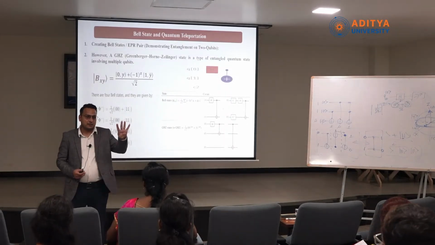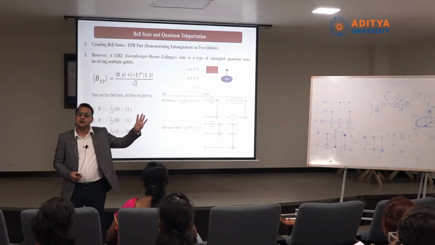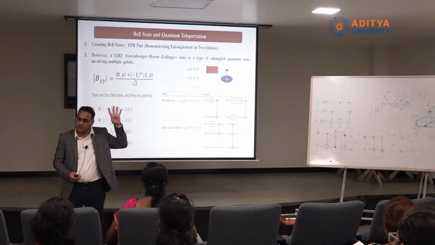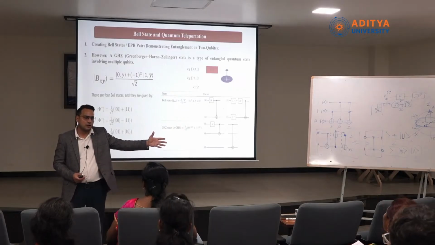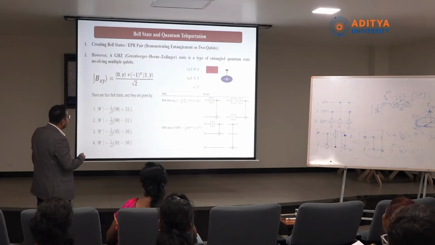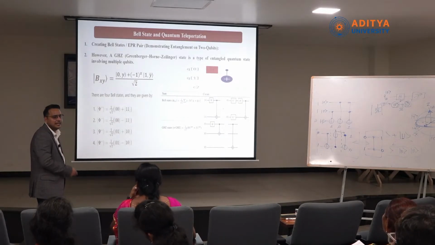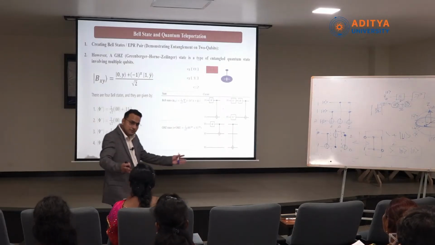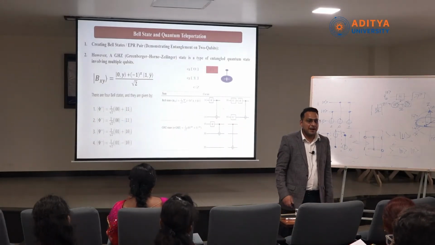But I know the fact that over a 2 qubit system, 4 quantum states remain present: 0, 0, 0, 1, 1, 0, 1, 1. But out of these 4, only 2 of them become entangled at a time. But how many different possibilities did we create? 4.